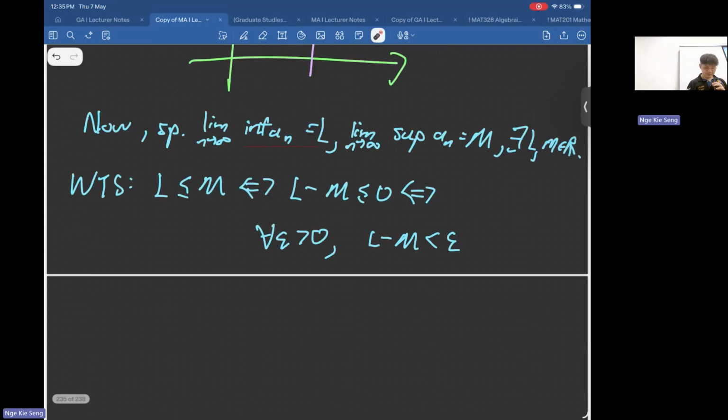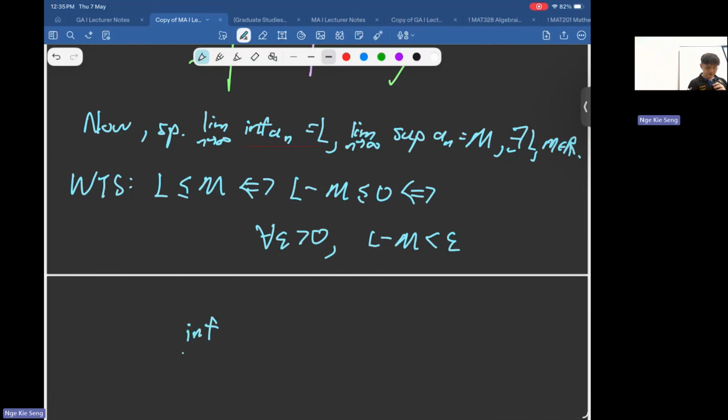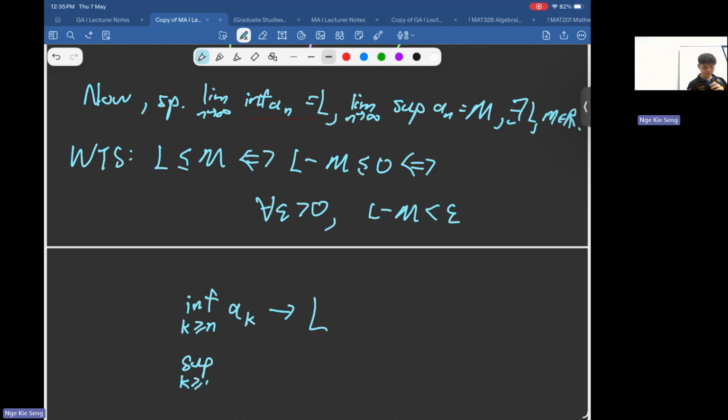So you know that the inf of a_k for k greater than n converges to L, and the sup of a_k for k greater than n converges to M. That means if you take this difference, you can bound it by some epsilon, for all epsilon.